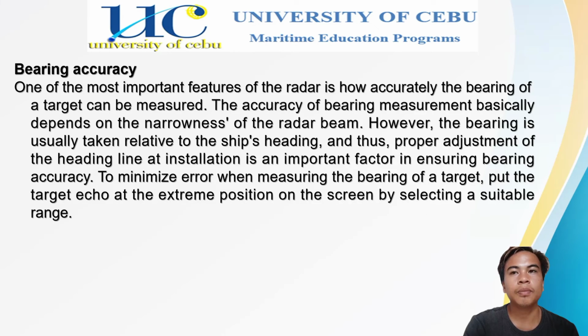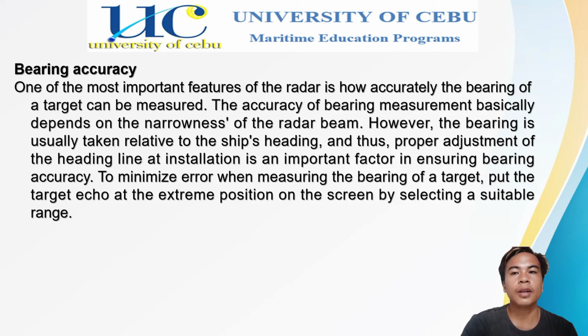And next, bearing accuracy. One of the most important features of the radar is how accurately the bearing of a target can be measured. The accuracy of the bearing measurement basically depends on the narrowness of the radar beam.